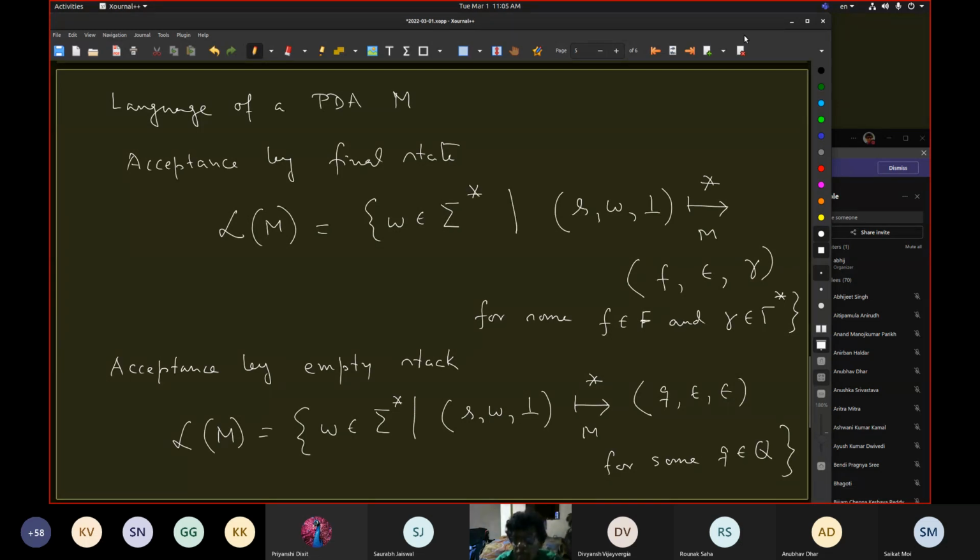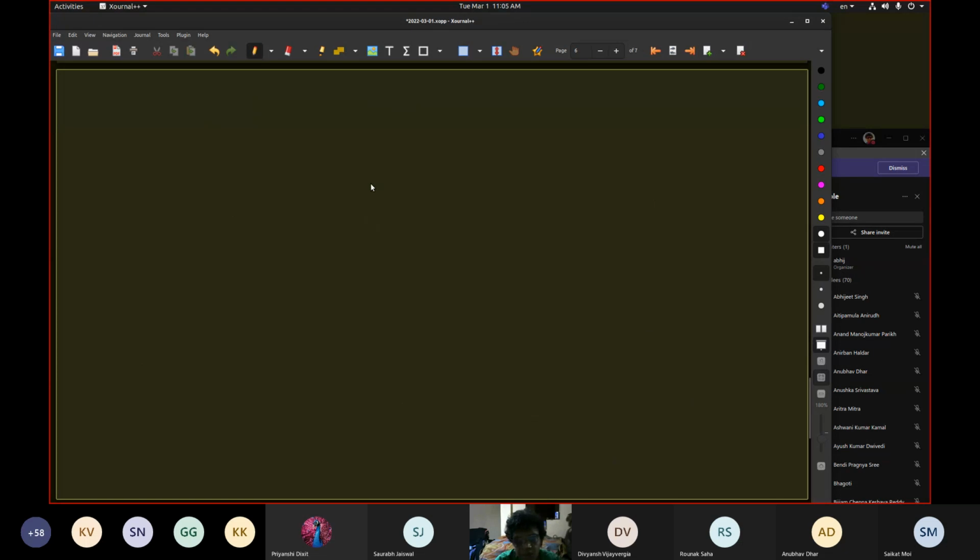To illustrate why, I will just make a construction. Given any PDA M with Q, sigma, gamma, bottom marker, delta, S, F. Now this may accept by empty stack or by final state.